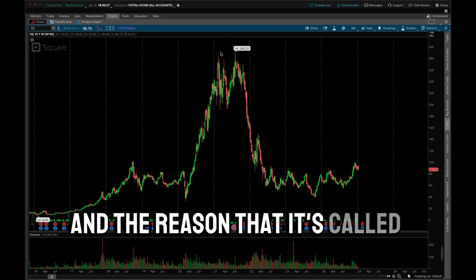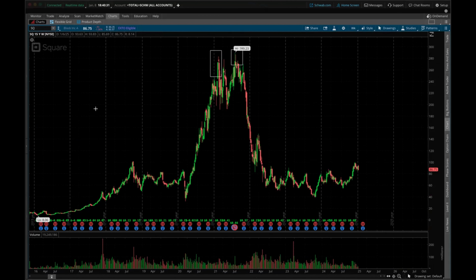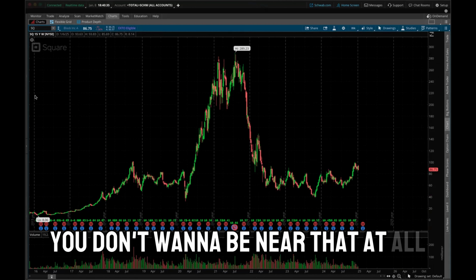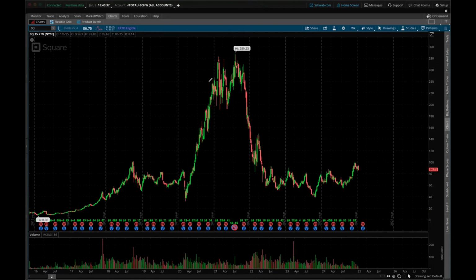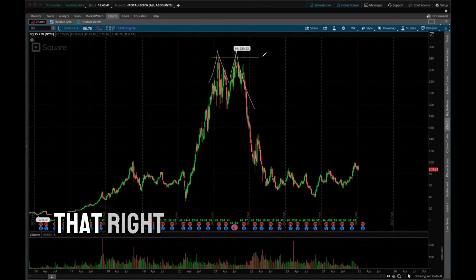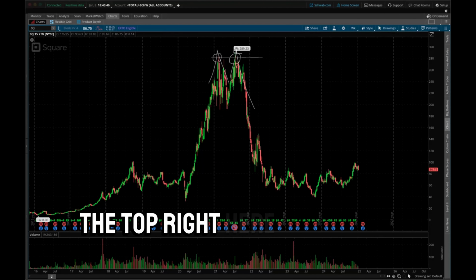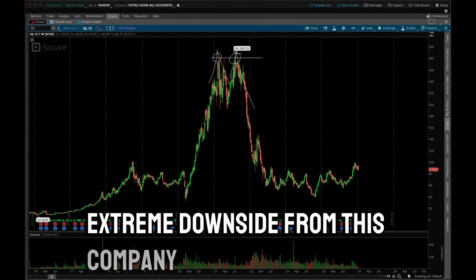The reason it's called that, it's a silly name, is because of these pointy kind of ears. If you see the Batman, you don't want to be near that at all. That leads to the double top, and you got a top right here, a top right here, and you're seeing extreme downside from this company called Square.